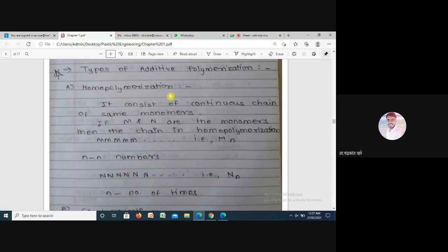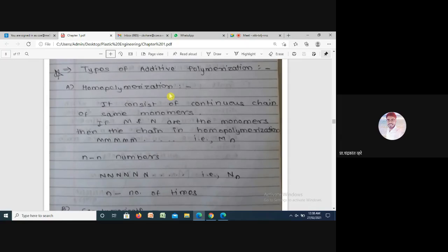So that's it. After that, we covered the two major methods of polymerization. First is condensation and another is addition. Today we will see the types of additive polymerization, in which the first is homopolymerization.